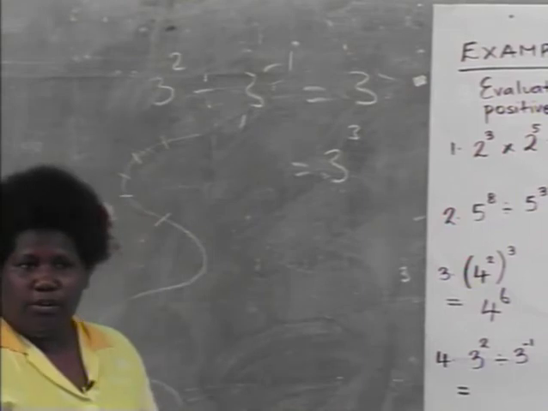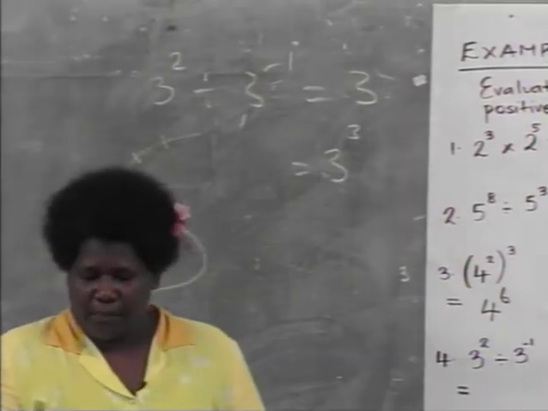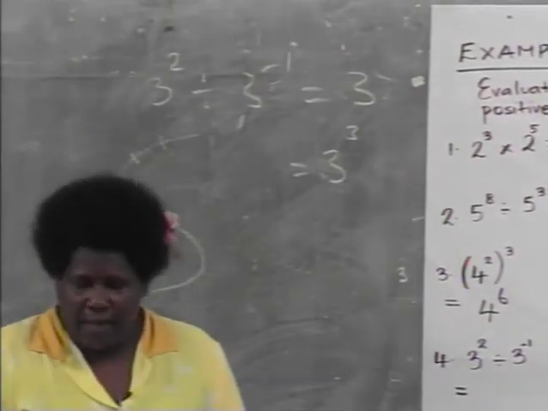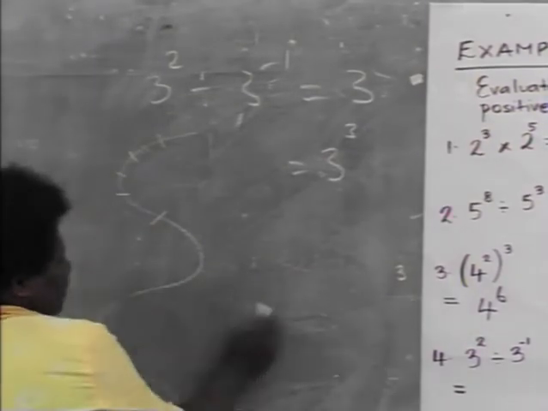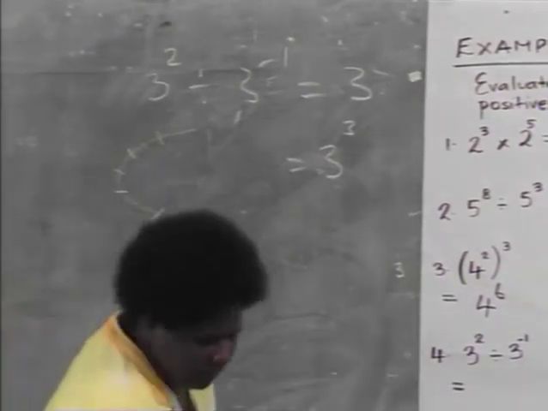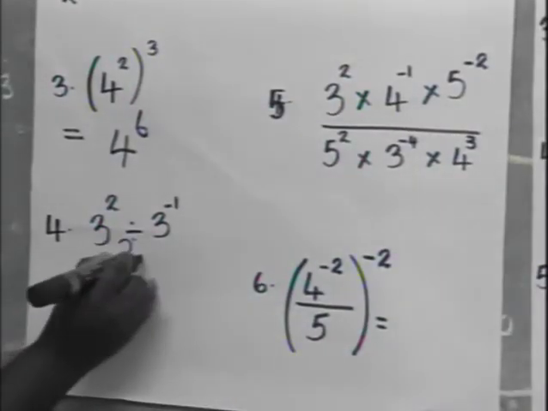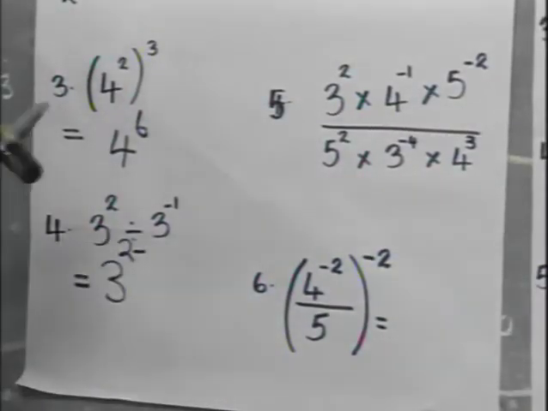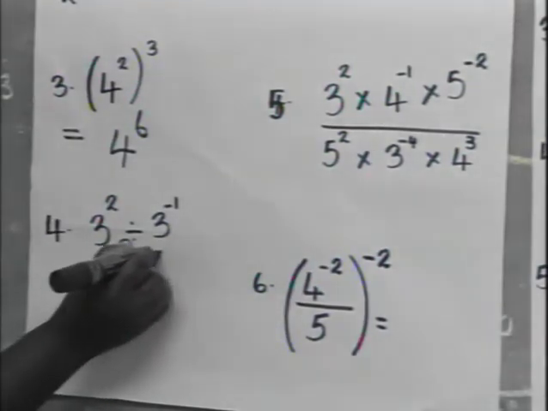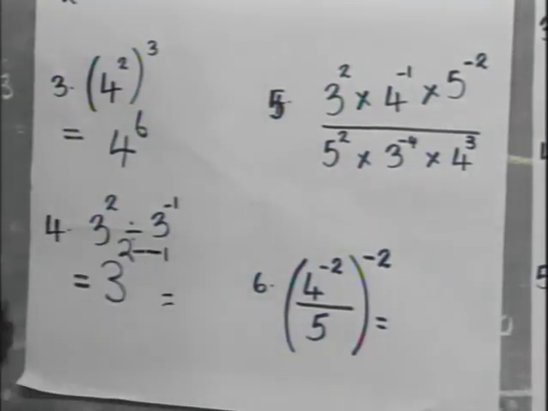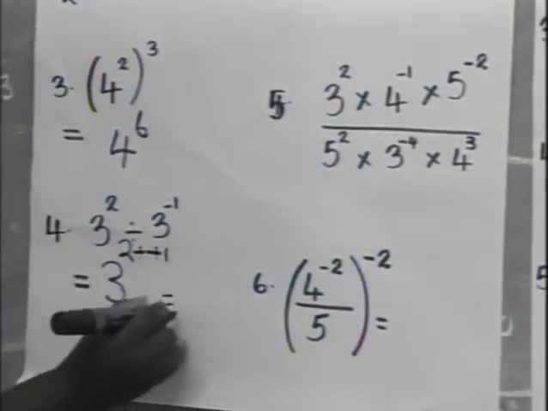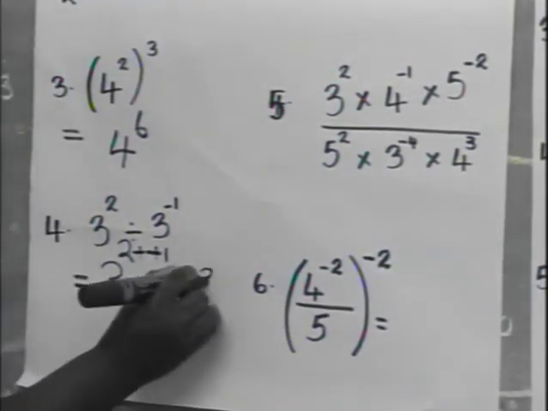Okay. What do you do when you divide? You subtract the indices. So this one is going to be 3 squared minus negative 1. So when it's 2 minus negative 1, it becomes plus, so 3 cubed.